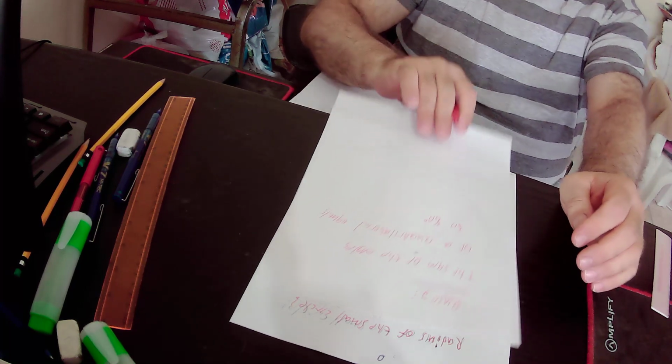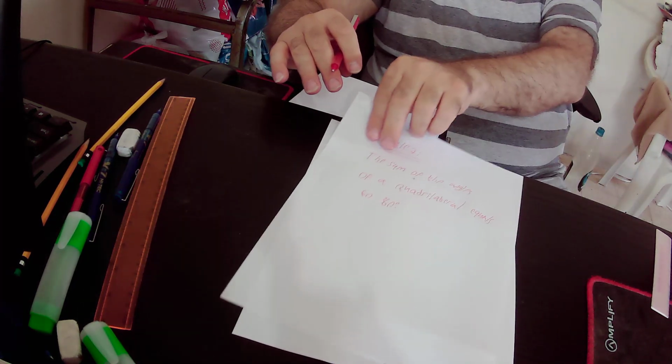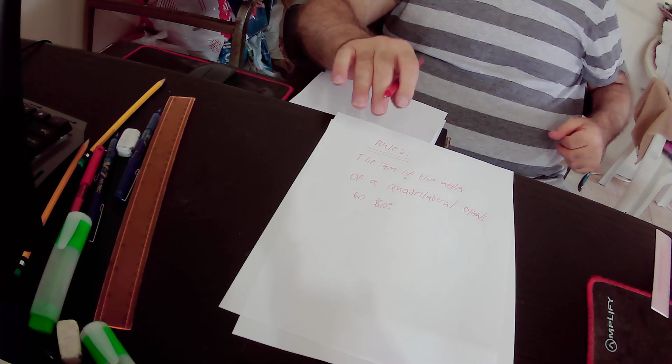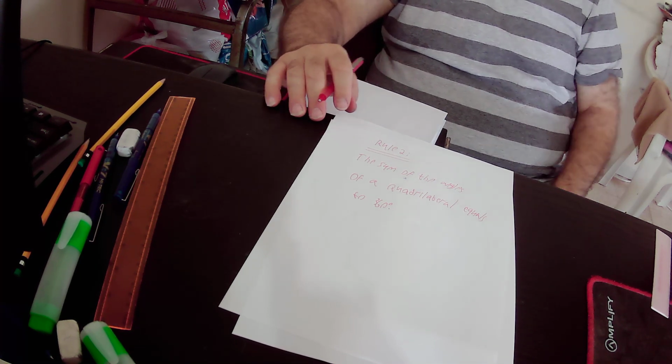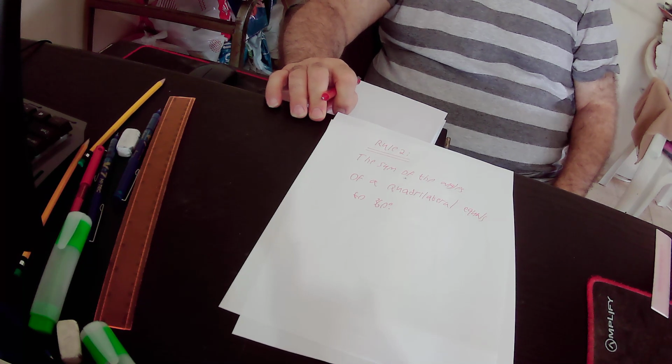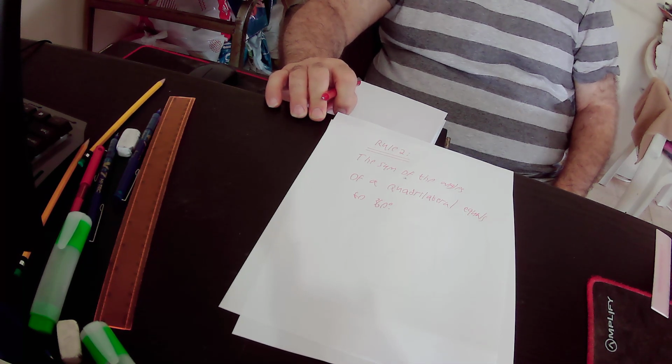Okay, I will read rule number 2 again. Rule number 2 states that the sum of the angles of a quadrilateral equals 360 degrees.